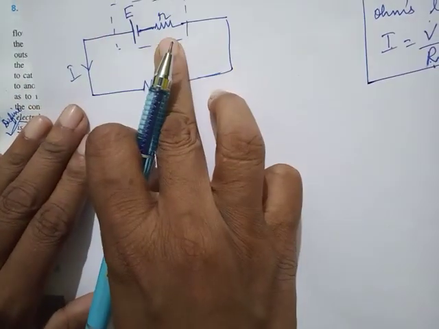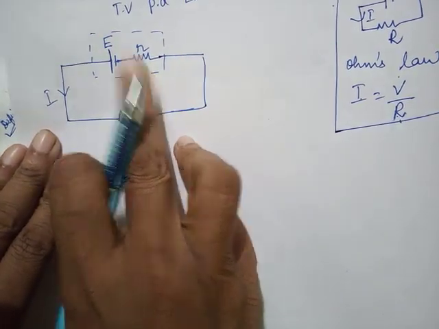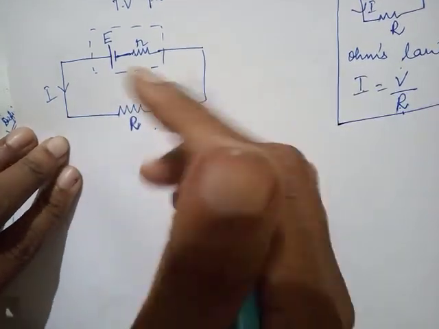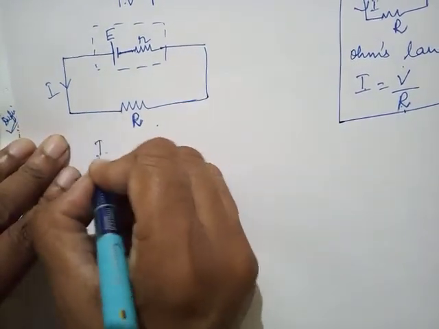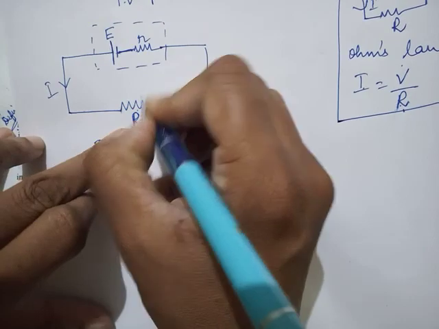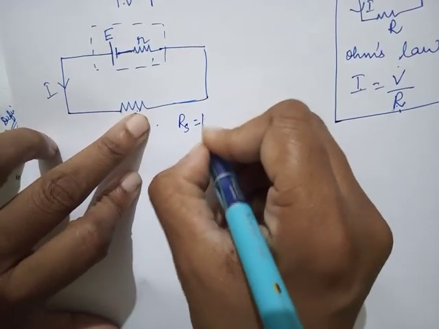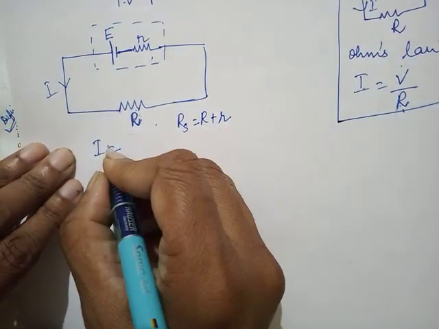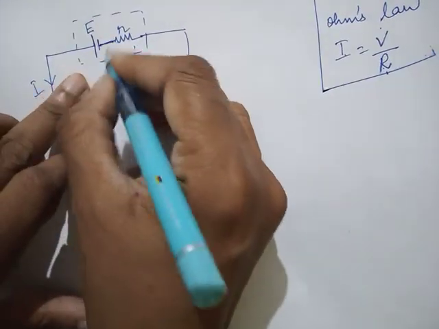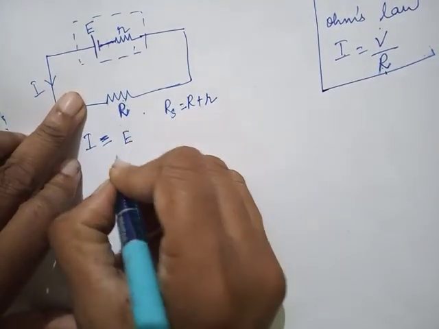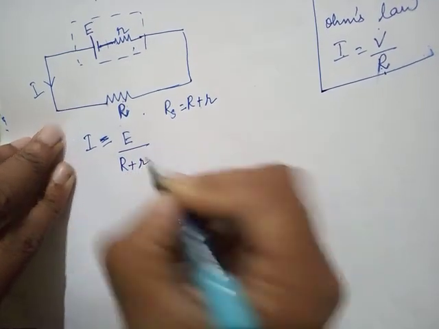Now, suppose there is an internal resistance. Practically, in most cases there will be internal resistance. Now, this is like two resistances in series. So R series is capital R plus small r. What will happen to my current? This is the voltage, that is the source. So I is E by R plus small r.